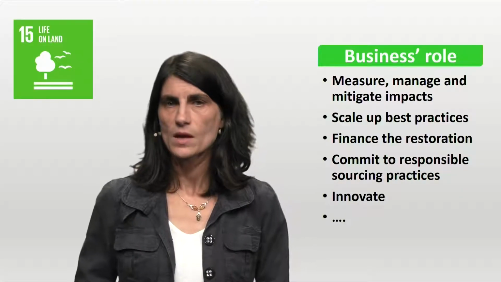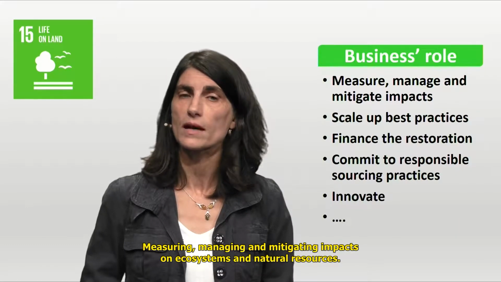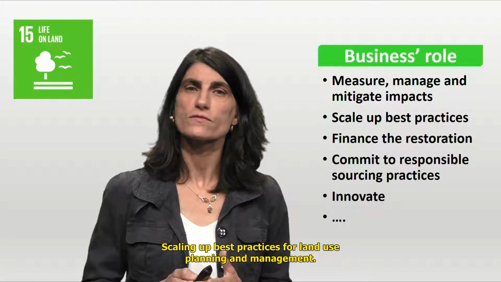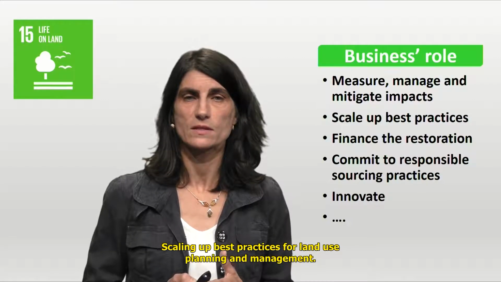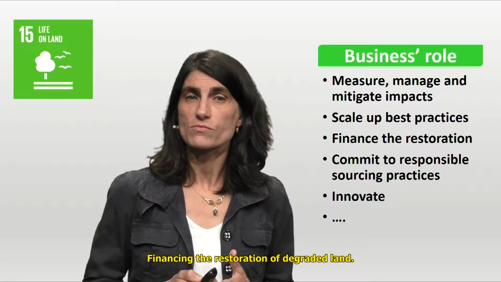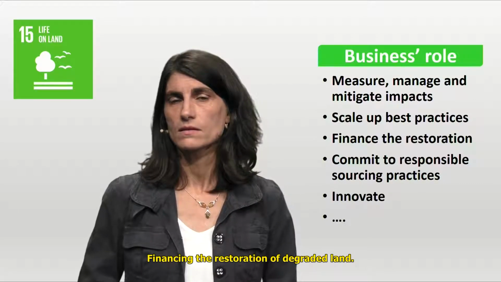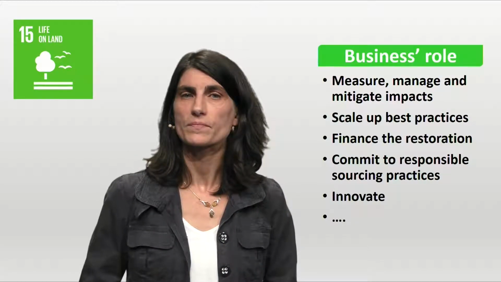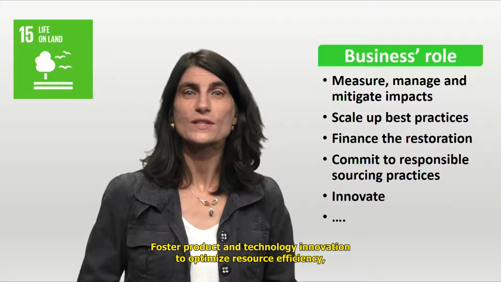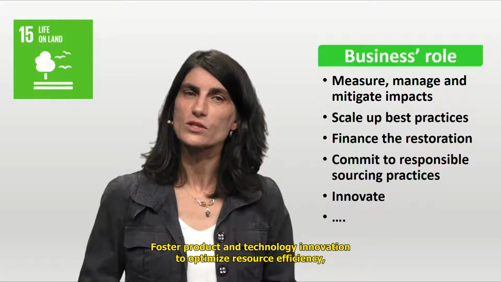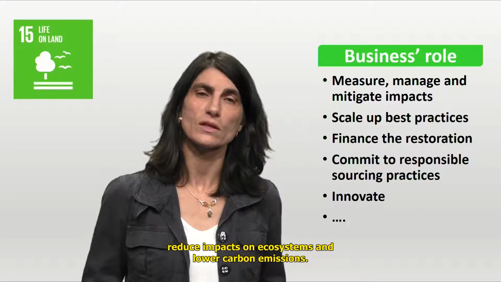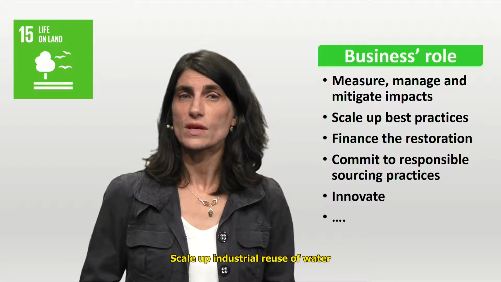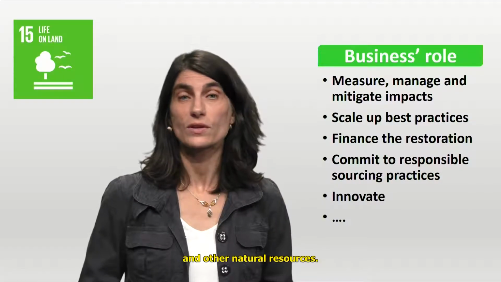For example, measuring, managing, and mitigating impacts on ecosystems and natural resources, scaling up best practices for land use, planning, and management, financing the restoration of degraded land, committing to and implementing responsible sourcing practices, fostering product and technology innovation to optimize resource efficiency, reduce impact on ecosystems, and lower carbon emissions. And they can scale up industrial reuse of water and other natural resources.